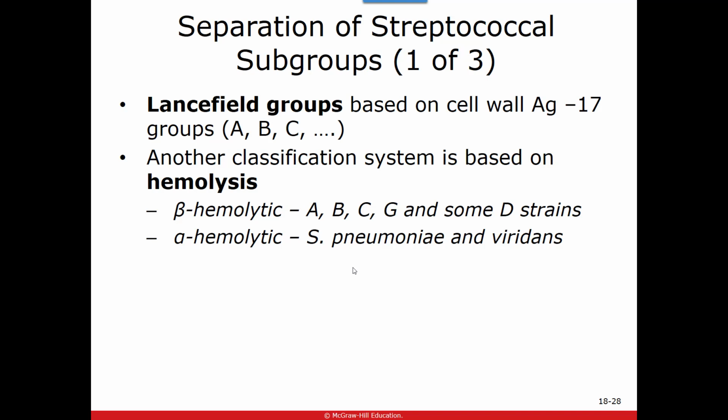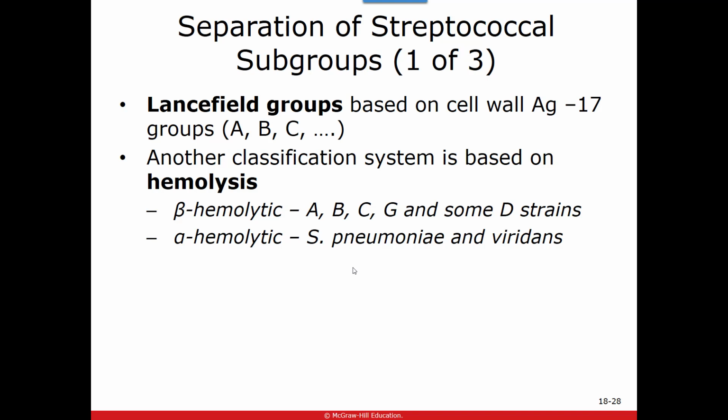If they can, we call them either beta-hemolytic, which means they can completely get rid of the blood cells to the point you could see right through the media. If it's alpha-hemolytic, it's a partial breakdown, which means the red blood cells aren't fully there anymore, and it usually leaves kind of a greenish pigment behind. So we can't see through the plate, but we know the red blood cells are breaking down.